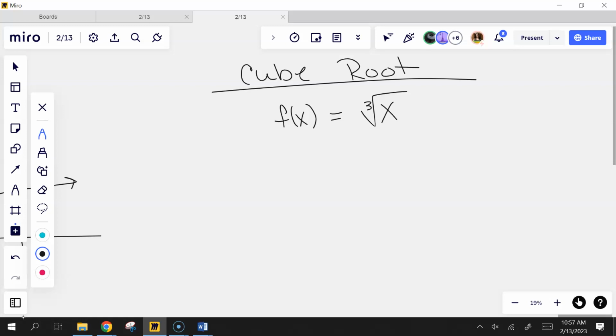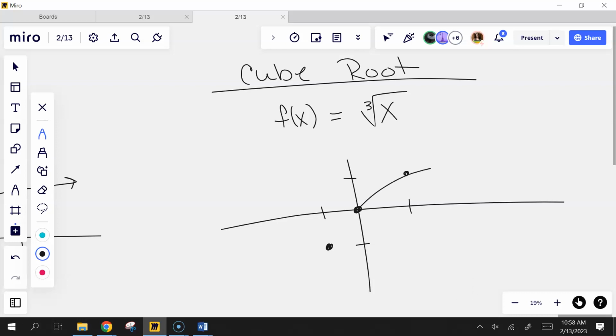Just like the square root was the parabola on its side, this is the cubic on its side. So when you do it, (0, 0), (1, 1), and (-1, -1), it has the same starting points, but this time instead of going up, it's over on its side and it looks this way.